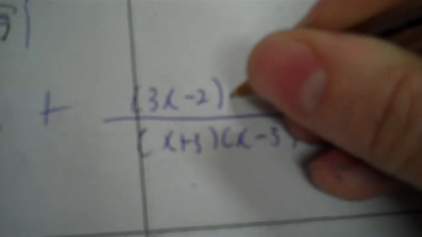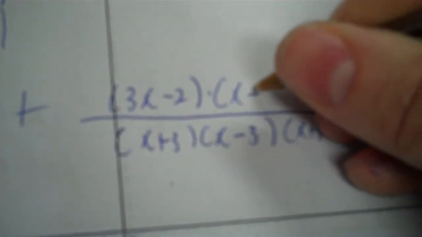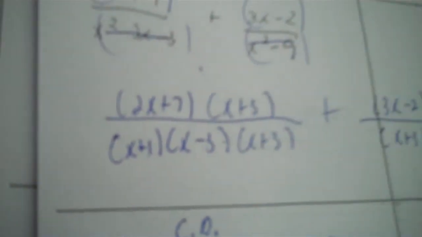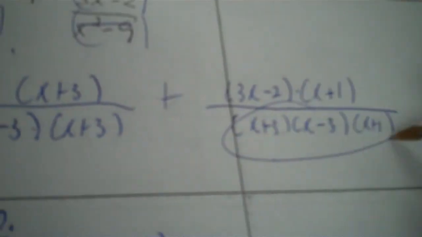You need to come over here and put it there. Okay, x minus 3, I think we're good. 1, 1. X plus 3, we have 0, and then 1. Okay, so this has the x plus 3. This one needs it. Okay, now you have the common denominator set.